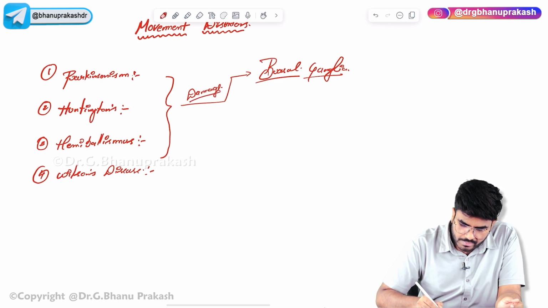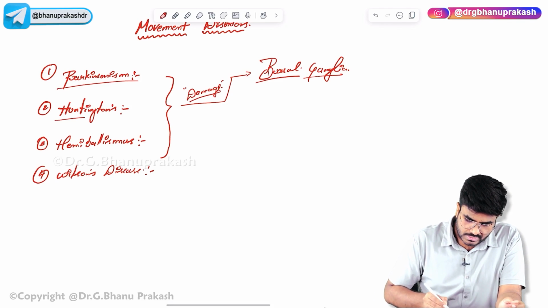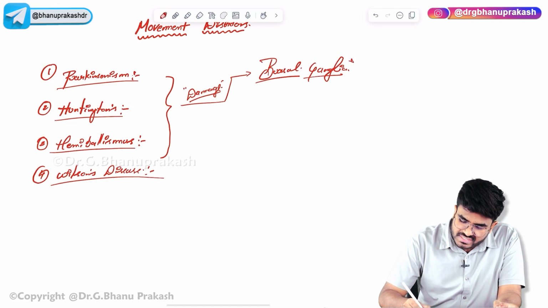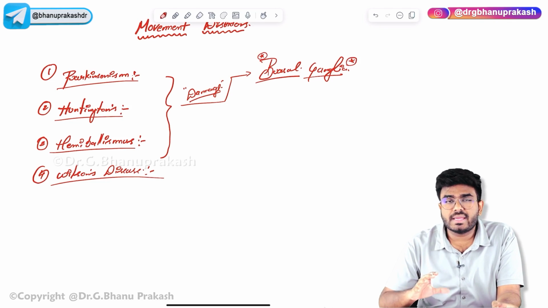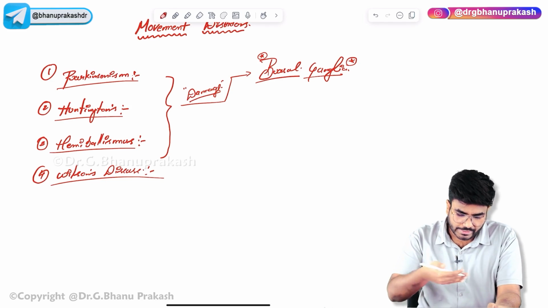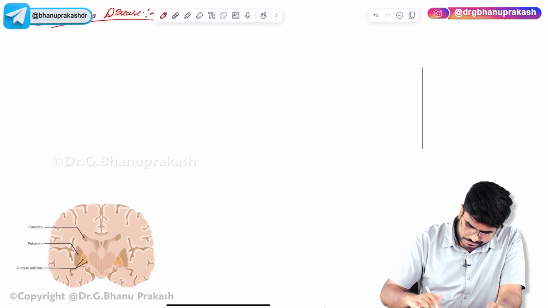Damage to the structures in the basal ganglia is what causes these movement disorders. So first let's discuss what exactly the basal ganglia is, what its functions are, what the components of the basal ganglia are, and which structures are getting damaged in the basal ganglia leading to the following conditions. So now let's begin.